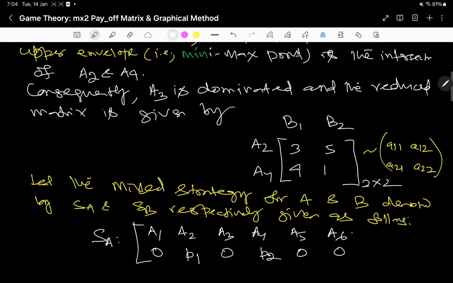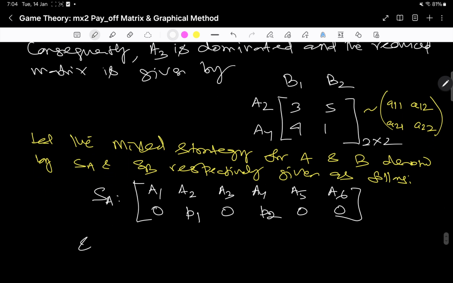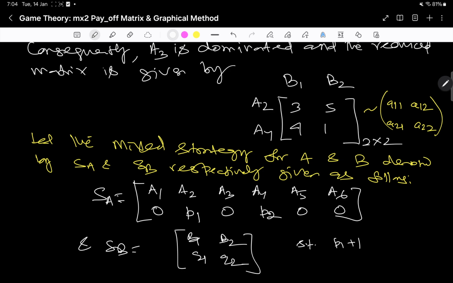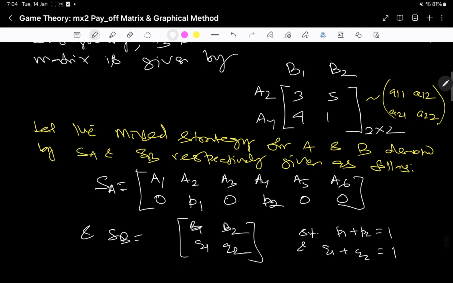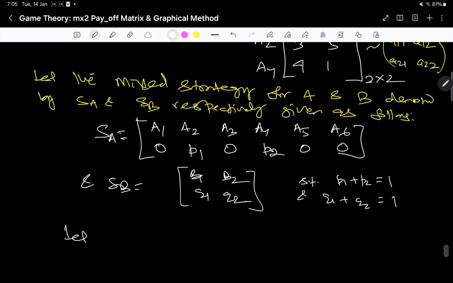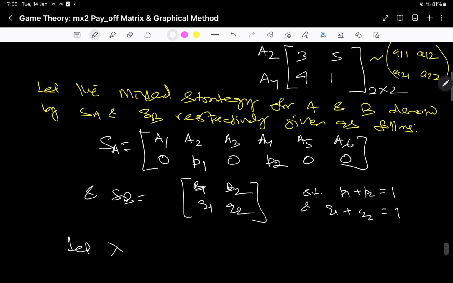Right. And my SB is my B1, B2 and it is Q1, Q2. Such that P1 plus P2 is equal to 1 and Q1 plus Q2 is equal to 1. Now let my lambda be equal to A11 plus A22 minus A12 plus A21, just add them.